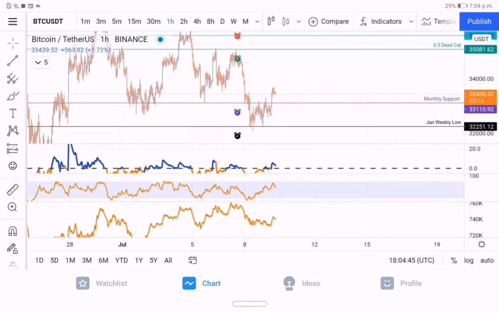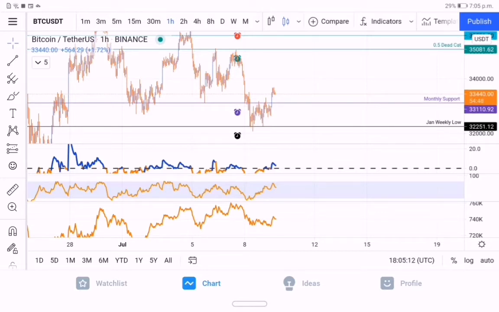So you have your monthly support level here in purple. You also have a Jan weekly low, and usually I have a lot more lines, but I wanted to keep it clean for the video. Maybe I can go through how I combine these with my support and resistance lines, and how I get my points of control, in a future video.